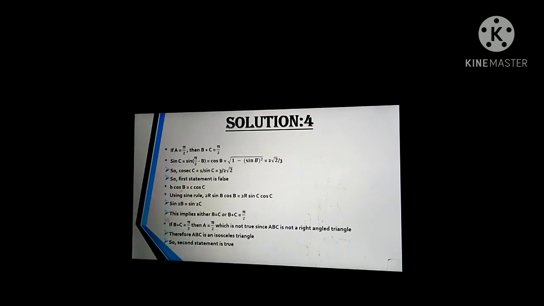Right. So starting with the first statement, we have a right angle triangle, angle A is pi by 2. So obviously B plus C will also be pi by 2, because A plus B plus C must be 180 degrees.